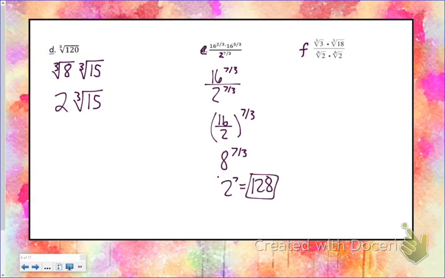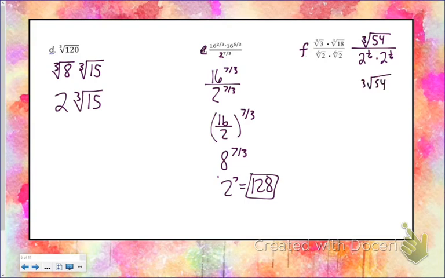And then at F, we're going to use a similar concept, but this one's a little bit trickier. So again, I can combine the tops and make that the cube root of 54. But again, right now, that's not going to match up with anything at the bottom. So I'm going to rewrite what's at the bottom. I'm going to rewrite this as 2 to the 1/6 times 2 to the 1/6. Because now it's a little easier to see. I have the same base, so I can add the exponents.